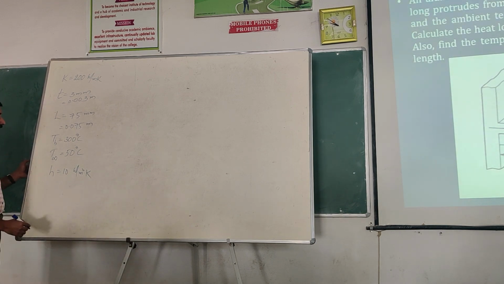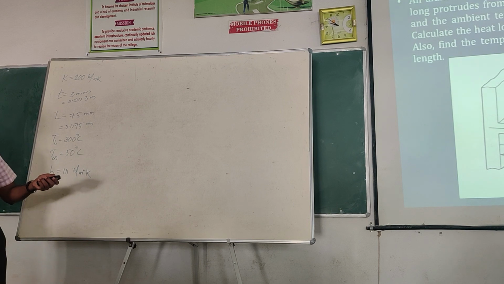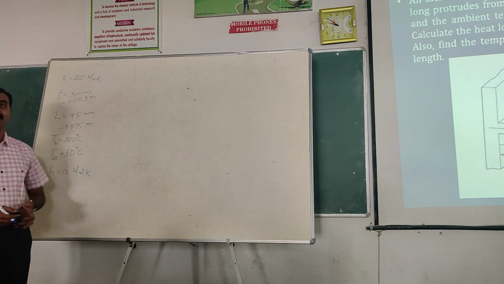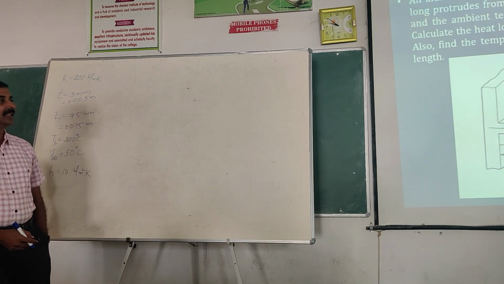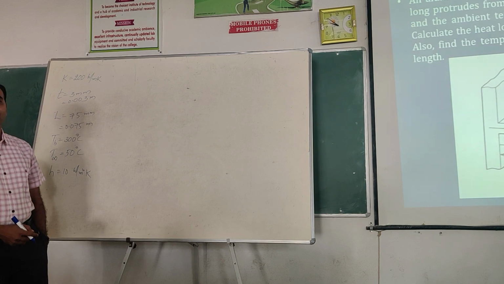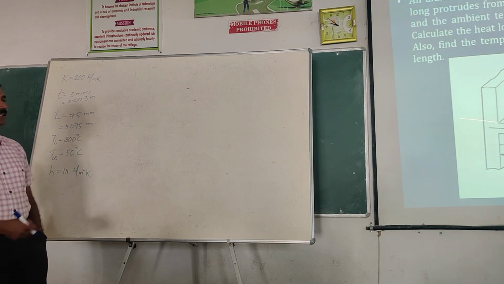Calculate the heat loss from the fin for unit depth of the material. So what is the meaning of depth here? In this case, if you don't understand it, simply apply logic, common sense. See, you need to have 3 dimensions of the fin, right? Length, thickness, and W. L, T, and W. Already L and T are given directly.